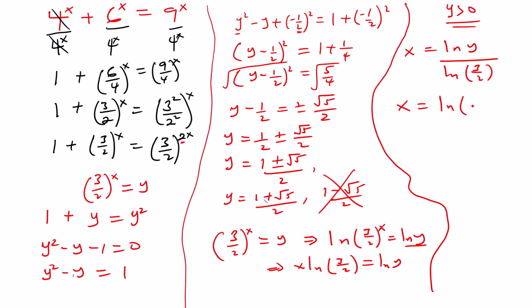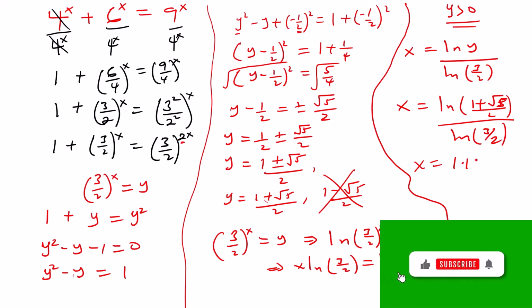So x equals natural log of 1 plus root 5 on 2, over natural log of 3 on 2. So that's the answer. This one is approximately 1.187.